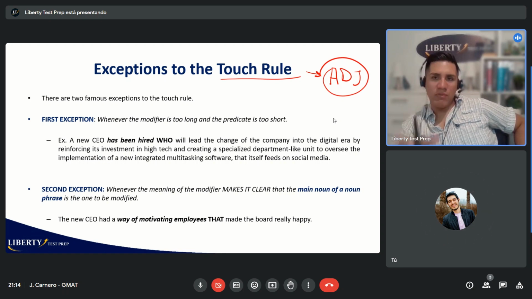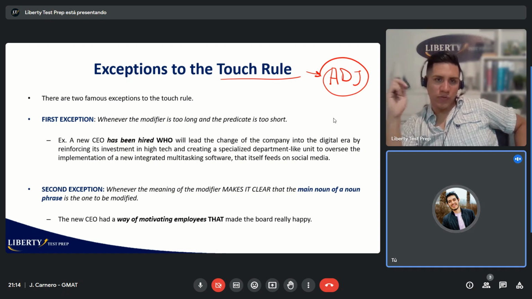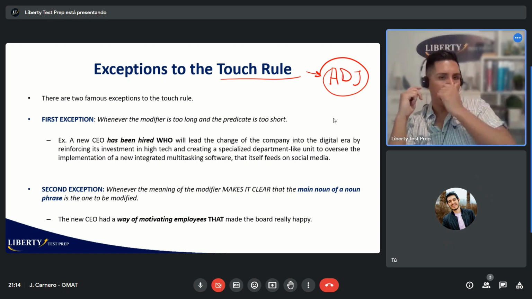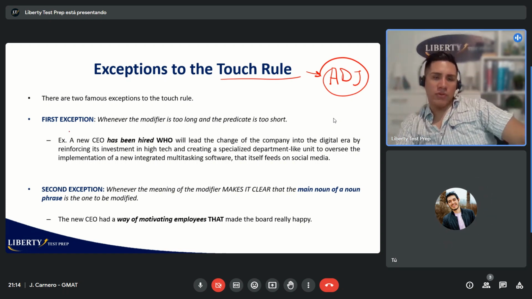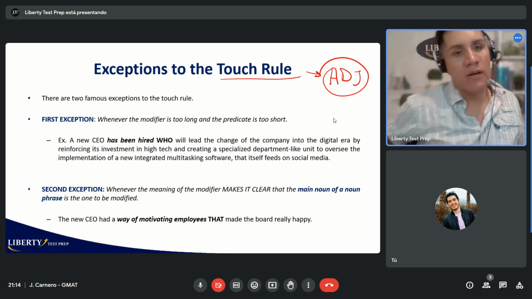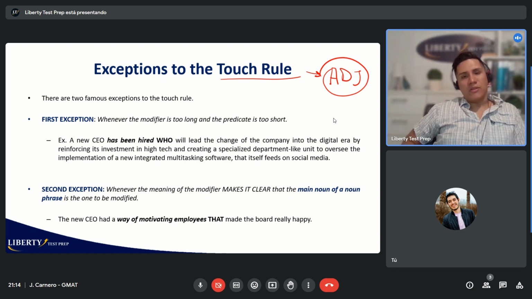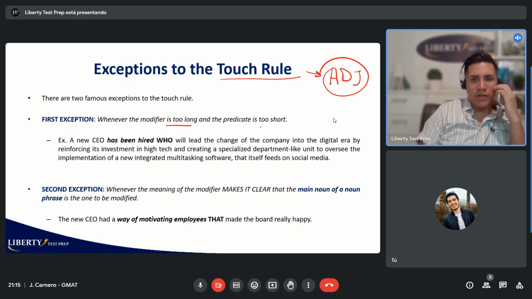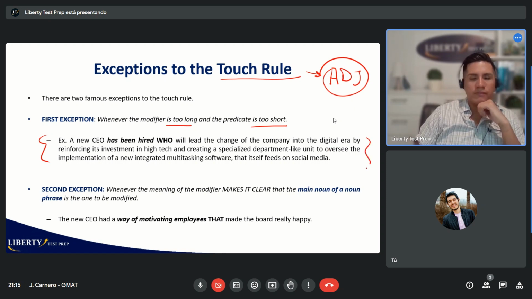Whenever you want to describe or modify a noun, you've got to have the modifier next to it. Touch it. The first exception, where the modifier is not going to touch the noun it wants to modify but it's still okay, is whenever the modifier is too long and the predicate is too short. Can you read this one for me, please?